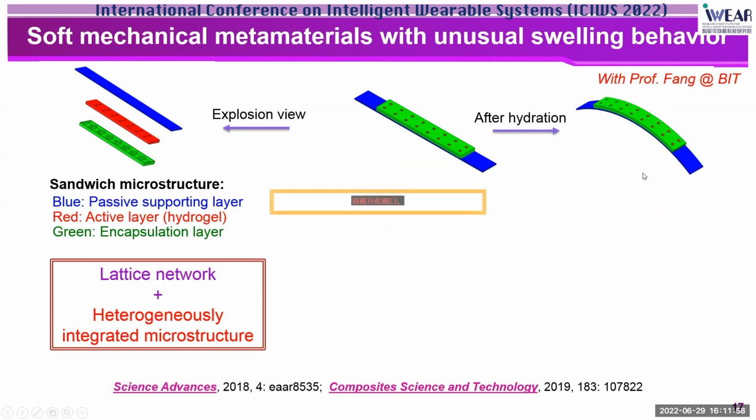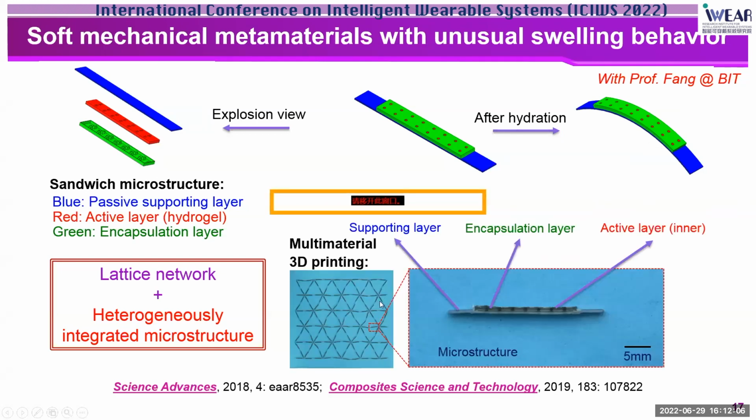And as a result, it can lead to a reduction in the end-to-end distance. And therefore, by using this as a building block, the area of the entire network can be reduced largely after water absorption. And this kind of composite network can be fabricated using multi-material 3D printing.